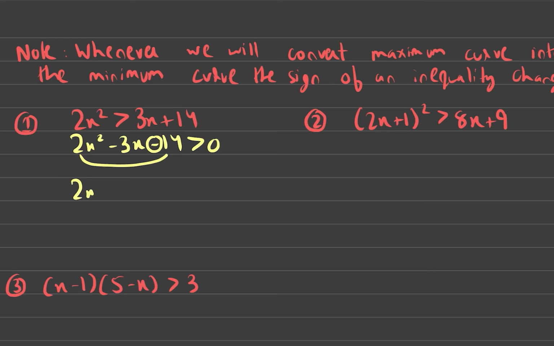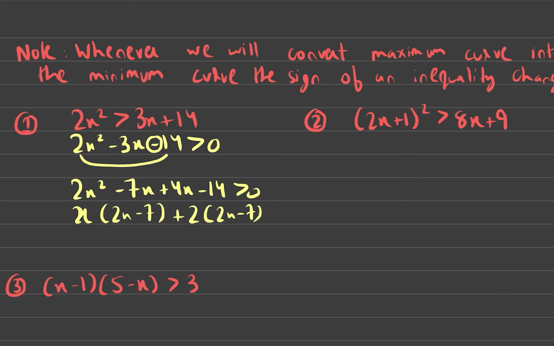So 2x squared minus 7x plus 4x minus 14 greater than 0. Take x common, 2x minus 7. Take 2 common, 2x minus 7. So x plus 2 and 2x minus 7. One answer will be x equal to minus 2 and the other answer will be 7/2.